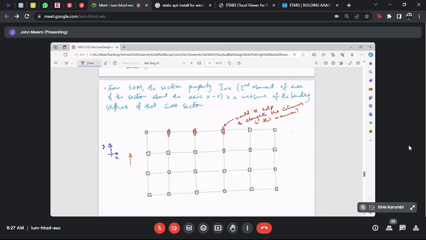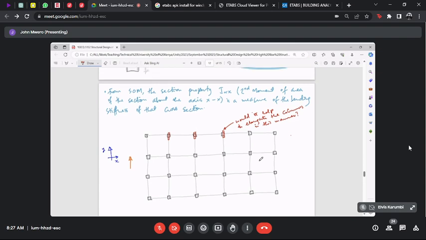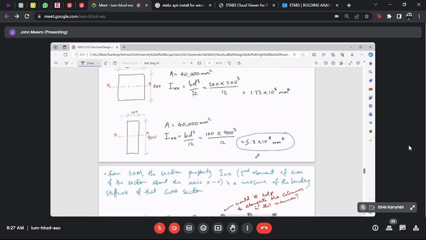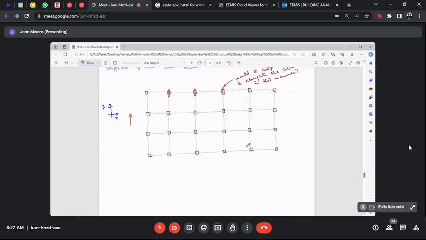Ladies and gentlemen, from this building, which you guys are working on, and from this thought that we've just had here, and the building is being pushed that way, would it help to elongate the columns a bit? So same cross-sectional area, so it's 800 by 800. So 800 by 800 is 640,000.